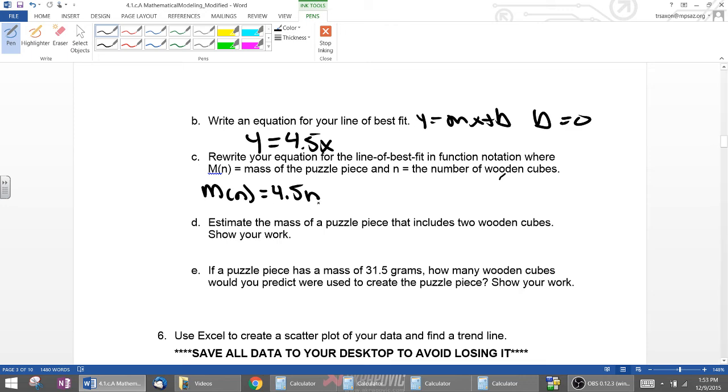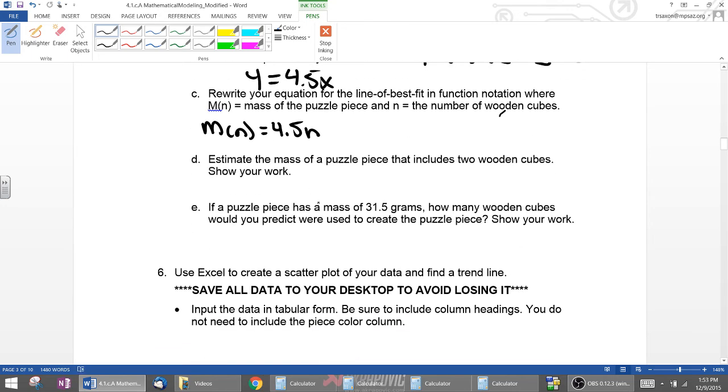We do this so we can deduce some answers. If m of n equals 4.5n, then what is m with 2 pieces? That equals 4.5 times 2, which equals 9 grams.